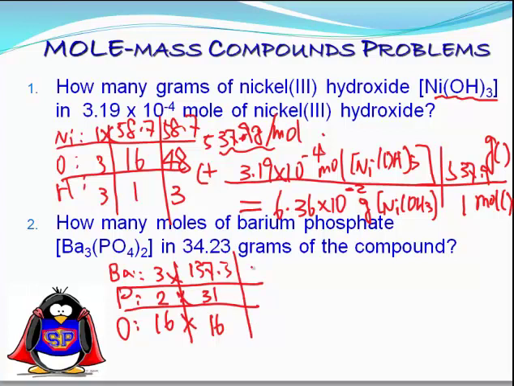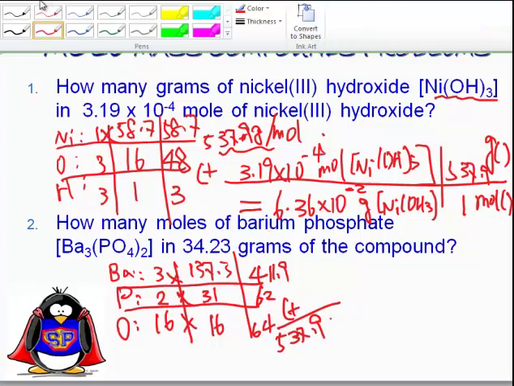So you multiply those, and you're going to get 411.9, and this one has 62, and this one has 64. Add it all together, that will be 537.9.